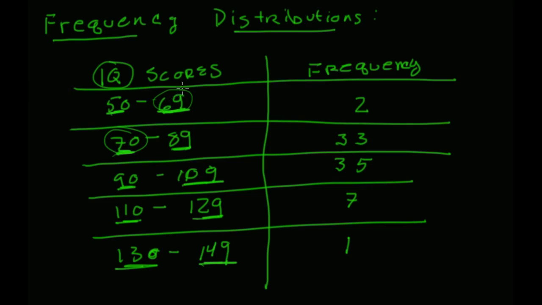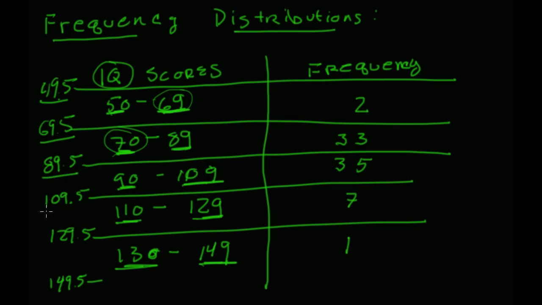So below this class, the class boundary is 49.5. Then we have 69.5, 89.5, 109.5, 129.5, and then finally 149.5.